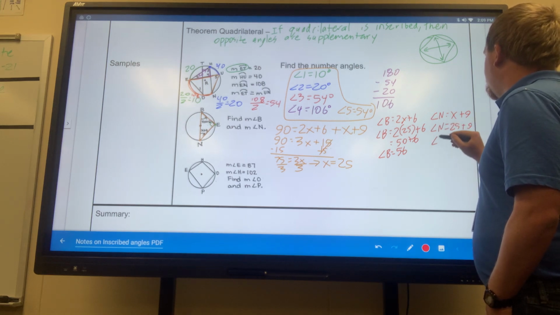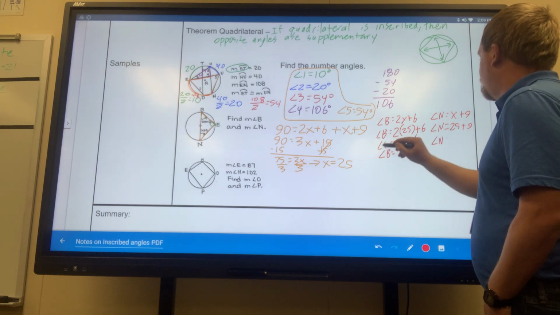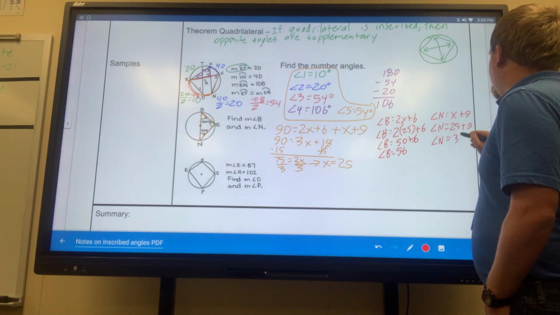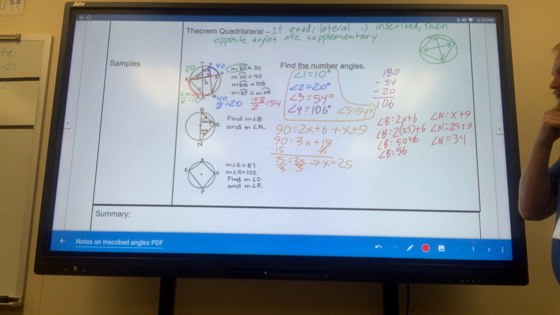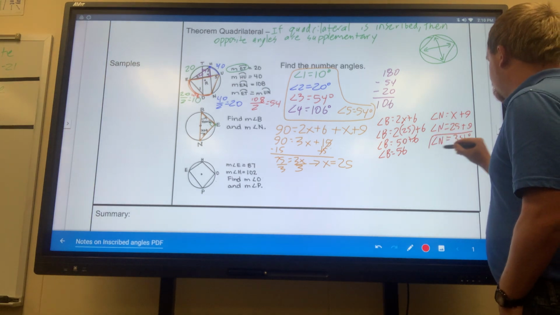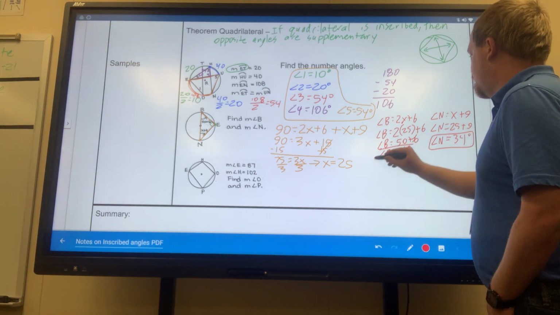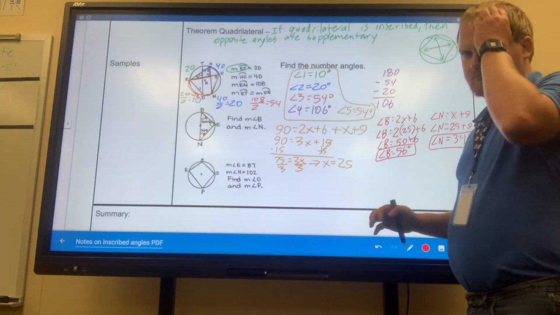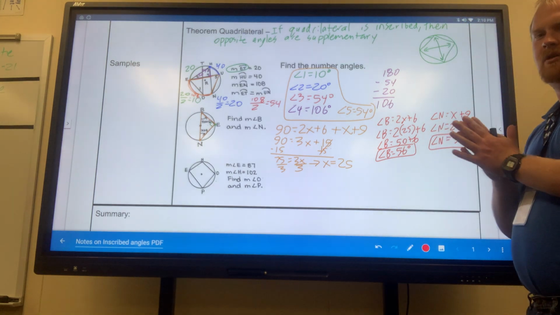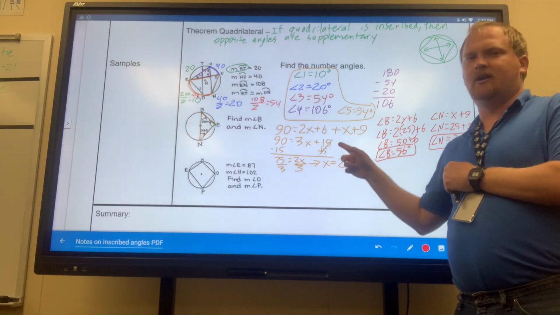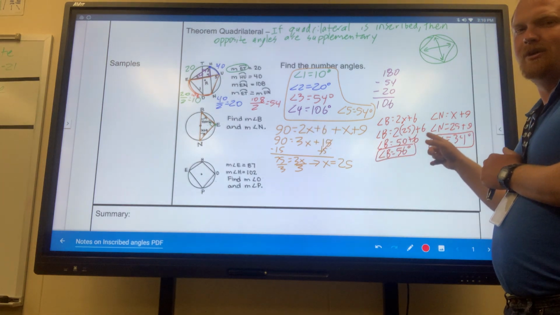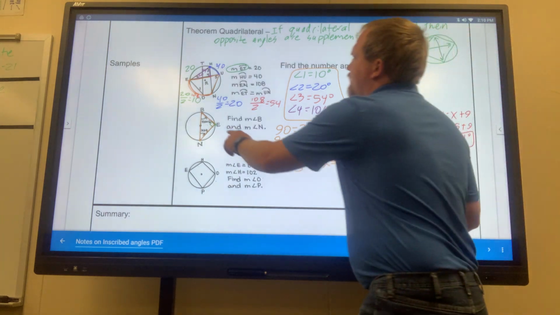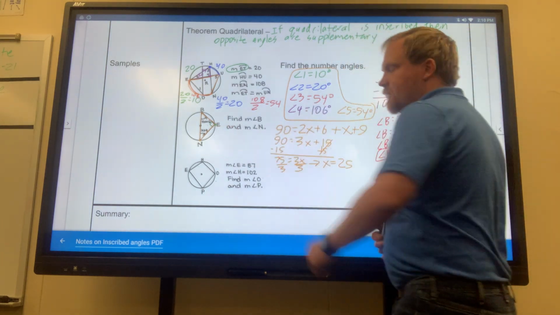That gives me 34, because 25 plus 9 is 34 degrees. So that's angle N, and here's angle B. First we have to solve for x, and then we can plug it in. But we have to know that this is a right angle here.